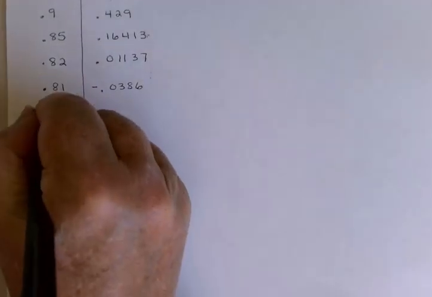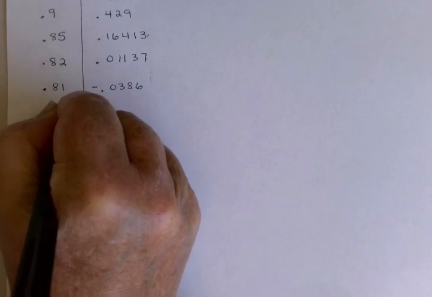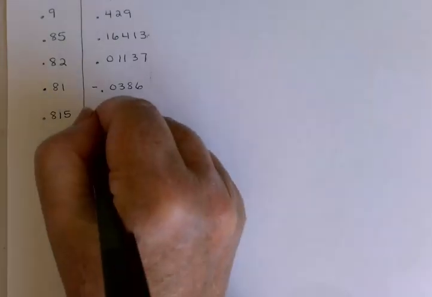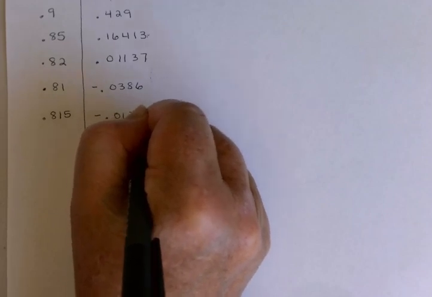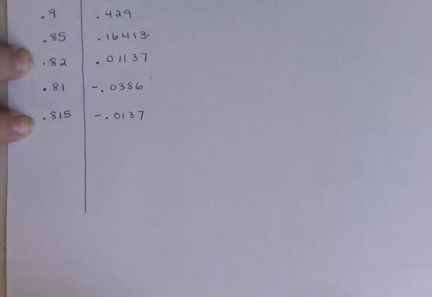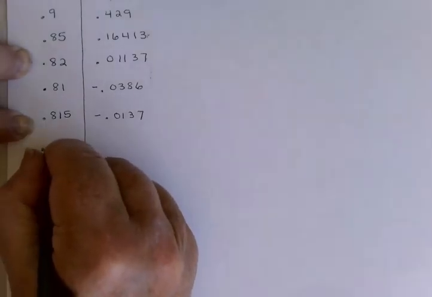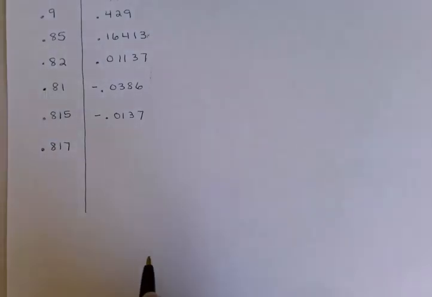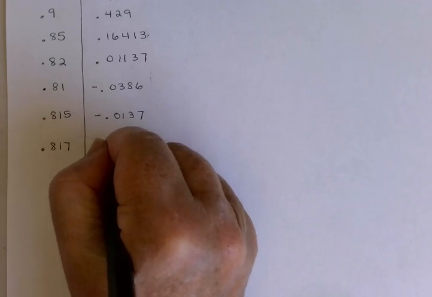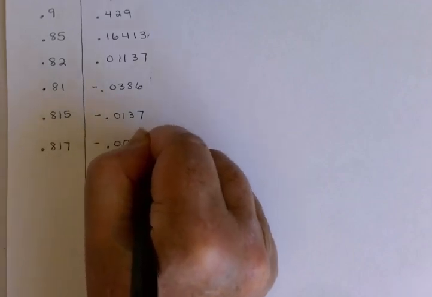Let's try 0.815. That gave me negative 0.0137. So between here and here is the 0, between 0.815 and 0.82. Let's try 0.817. That gave me negative 0.0037.